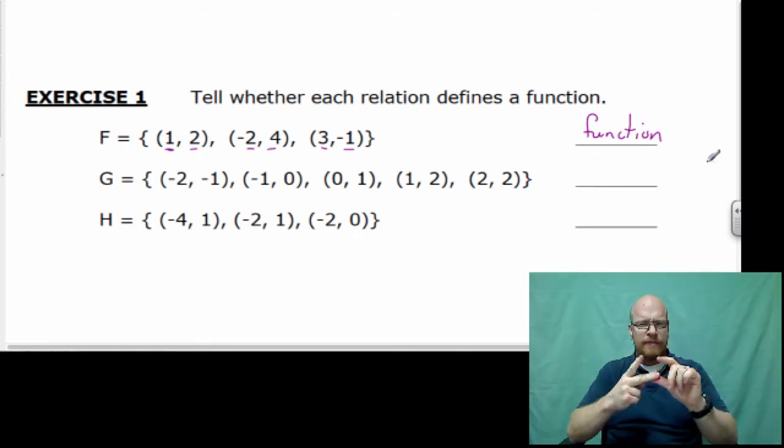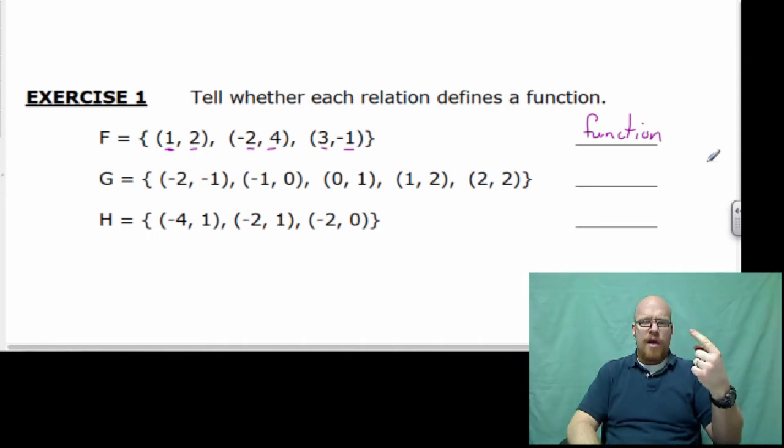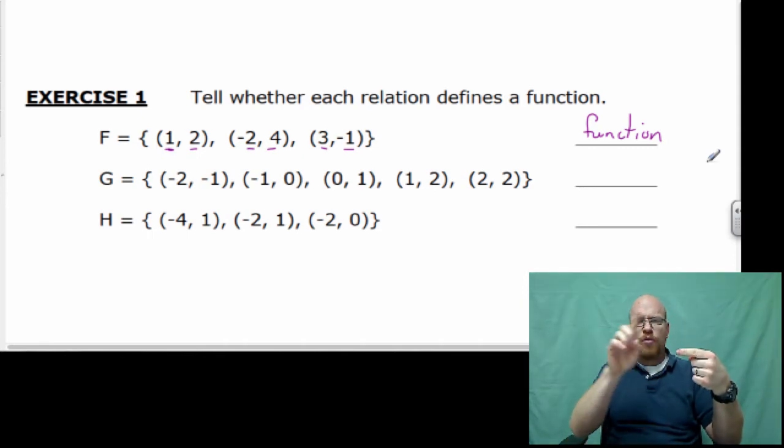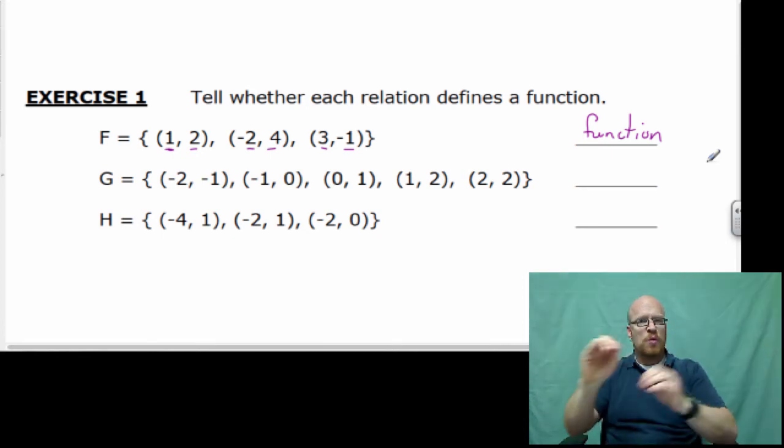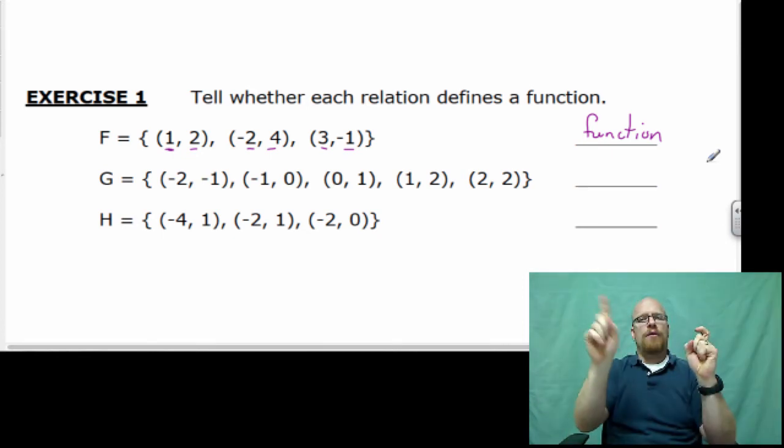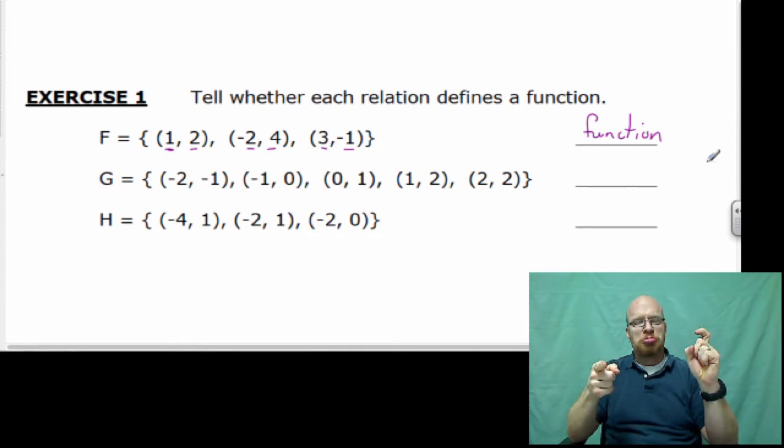Now, the second relation, -2, -1, we have 0. There's no repeating x's there. Every x has a unique y, so that's good.